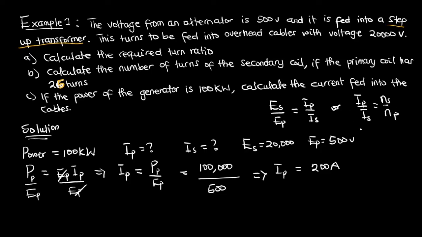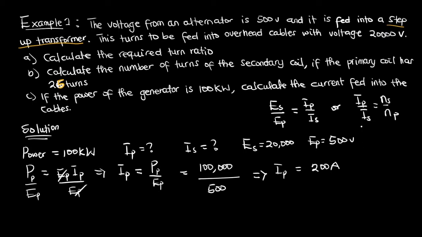Now mind you, NS over NP, we've already found a ratio for it, that is 40 to 1. So we can use that as well. Any of these will give you the final answer, so long as you quote the formula really well.